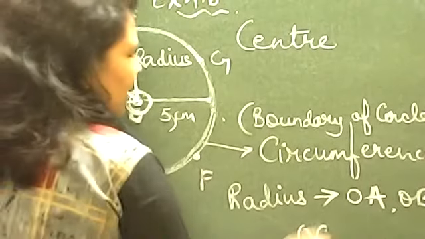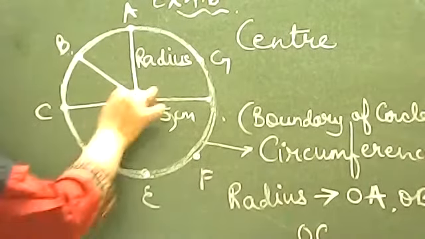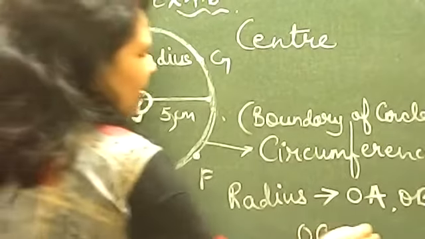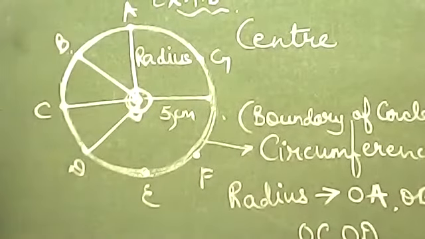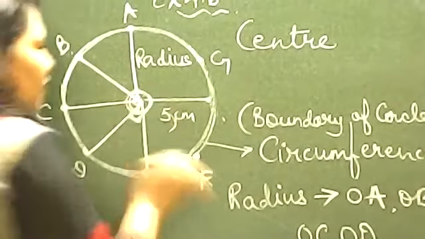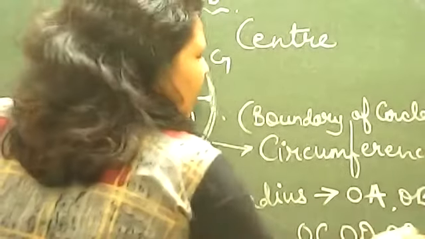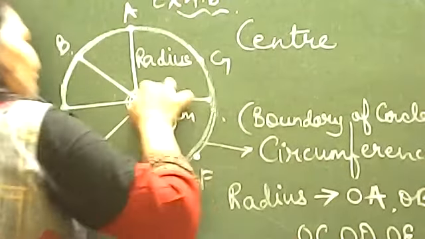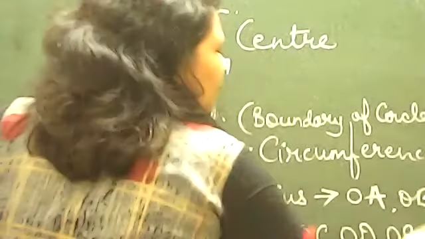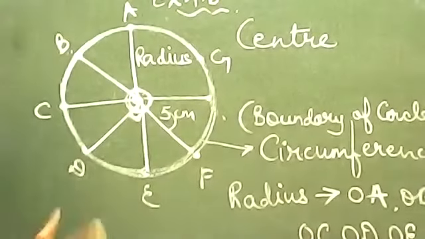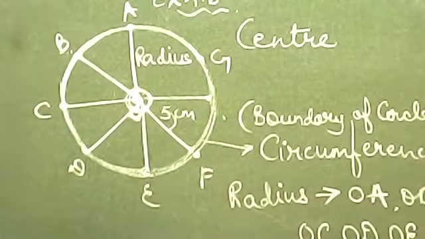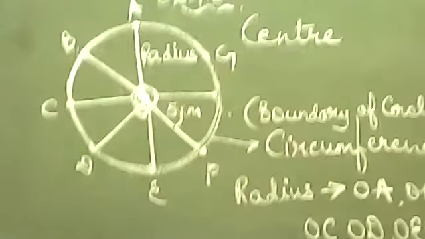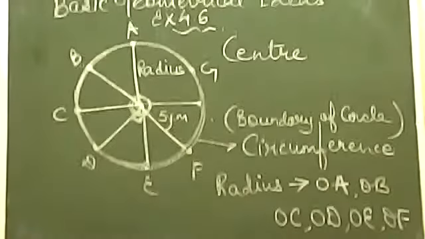This is also radius only. Fourth one is OD. Then we have OE. And then we have done OF. These are all radius of a circle. Always remember, these are all radius of a circle only.